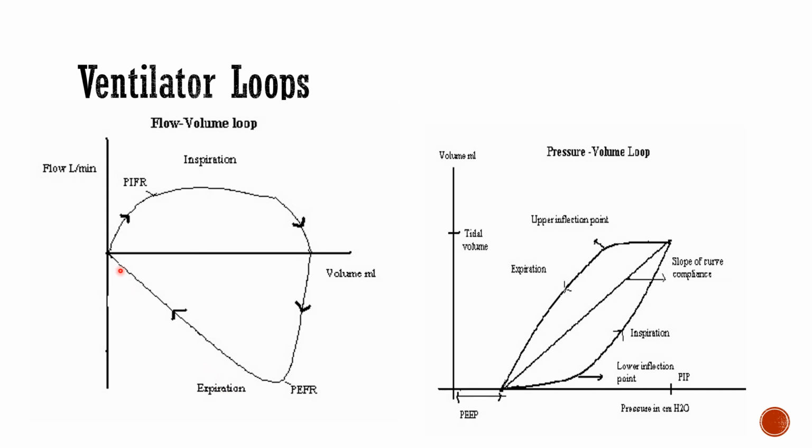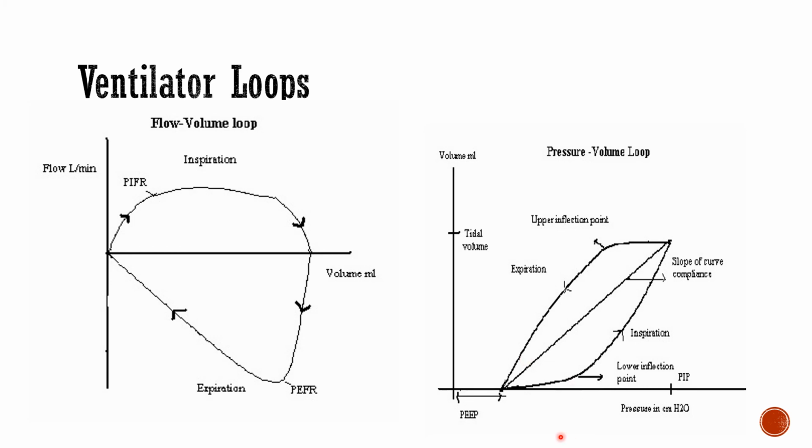Now coming to our pressure volume loop, as we have seen previously when we studied the Laplace law as well. So we initially start at the positive end expiratory pressure here. And again, there is an increment in pressure during inspiration, and then we reach the apex here, and then during expiration, the pressures decrease.